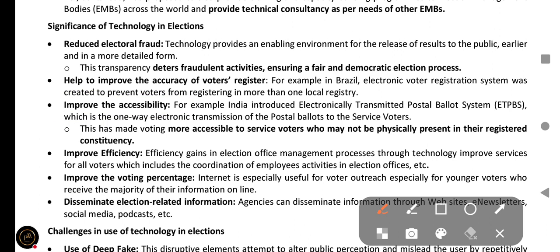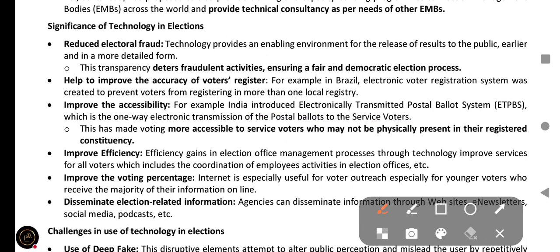What accessibility? It is more accessible to service voters who may not be physically present in their registered constituency, such as the police personnel. But the postal ballot was not provided to the police personnel, while armed forces were provided this.